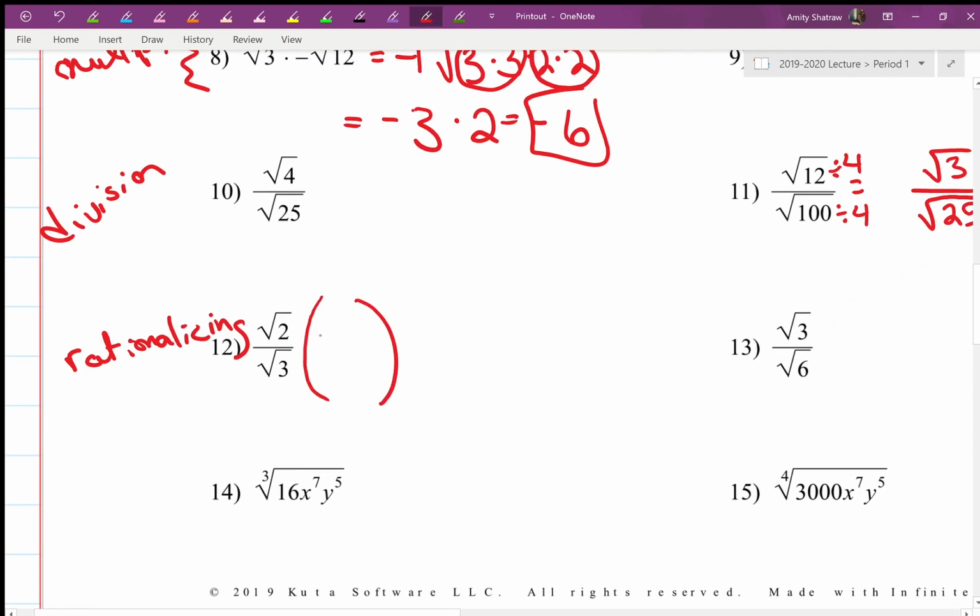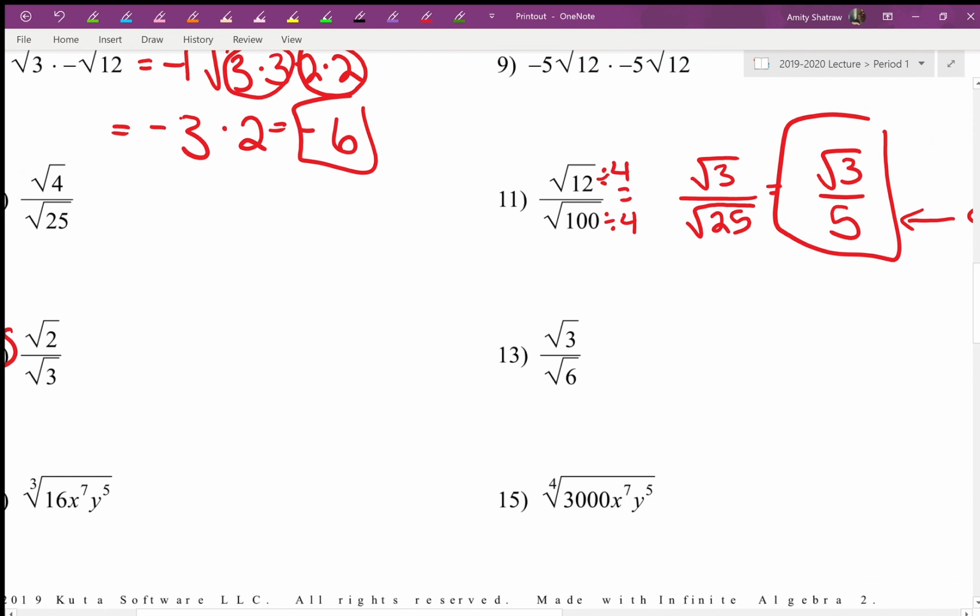All right, let's try the next one then. If I want to rationalize, it means that you multiply by, ready, I've already done 12 for some of the classes, so I'm going to do number 13. I'm going to say then that 3 over 6 is the same thing as 1/2. So I have the square root of 1, and I have the square root of 2. And the square root of 1 I know is 1, but when I see that there's a square root in the denominator, this is bad, I have to rationalize it.